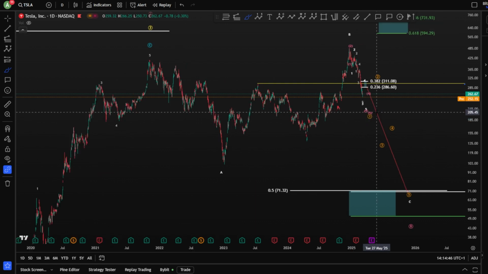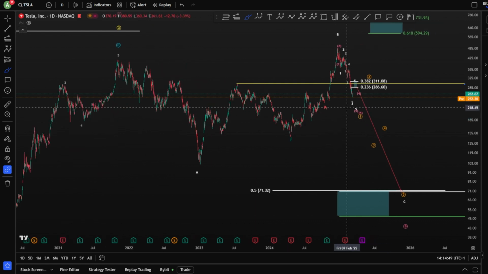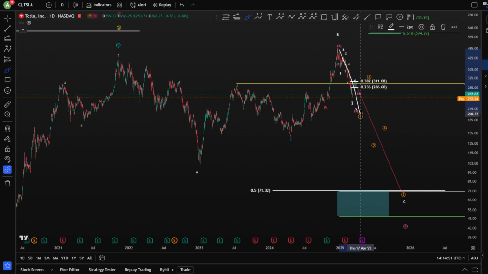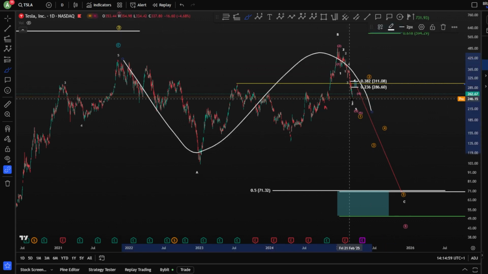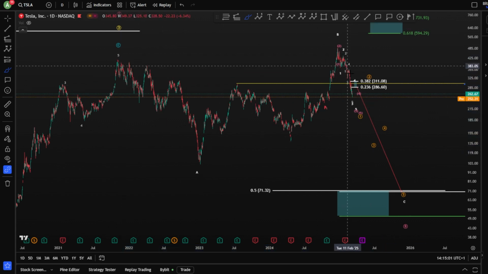However, a running flat is a very, very rare case scenario, but it's still a possibility, guys, for a reversal, and then we shift the market to bullish again in a running flat. But a very rare case scenario, guys.